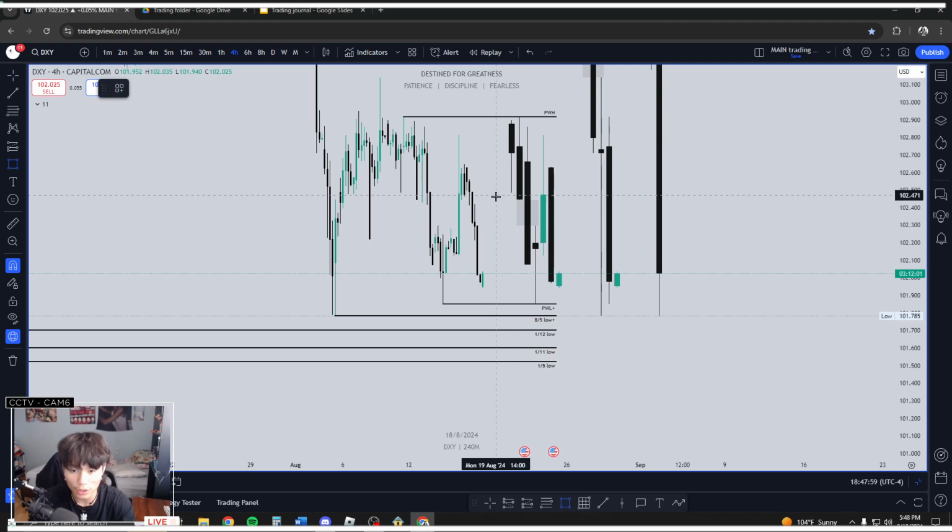So after we close below it, we should now treat that daily fair value gap again as a resistance level. So if we ever get a retracement back up into this area here, we should treat it as a resistance and continue lower.